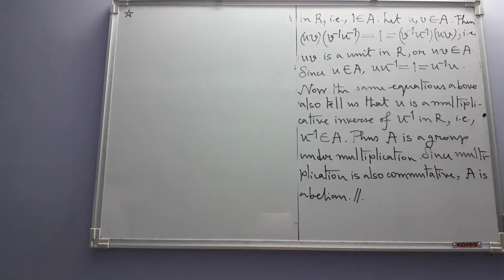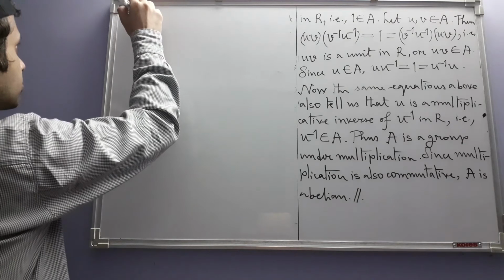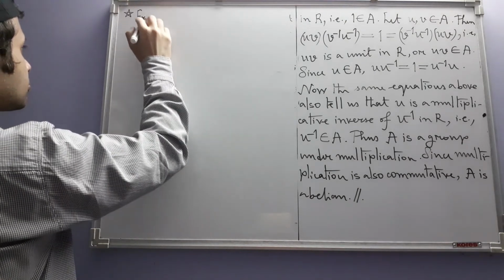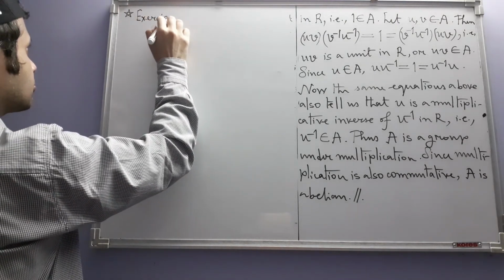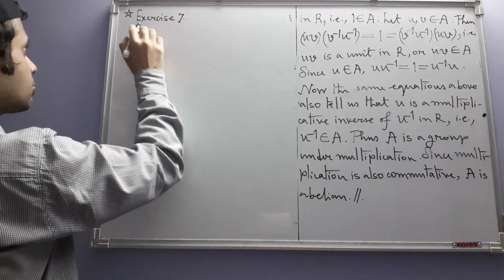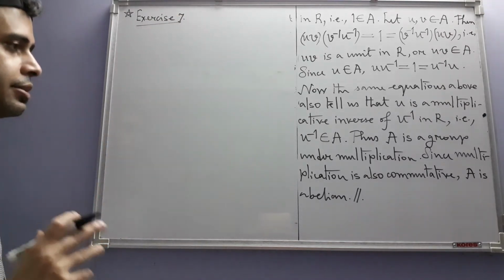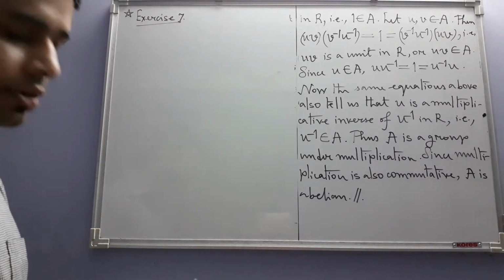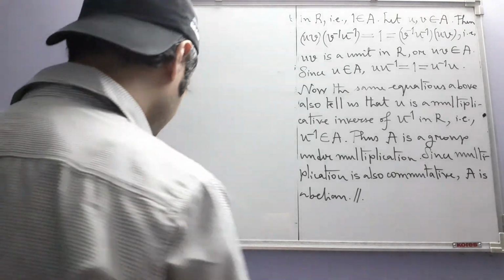Then comes exercise 7. Wherever there are GCDs, LCMs will also come, and exercise 7 is about that.